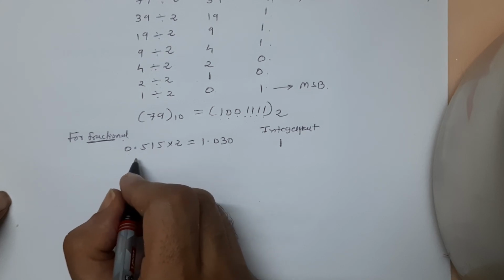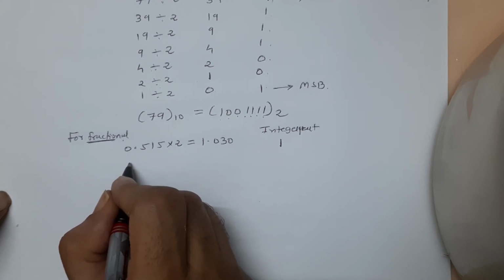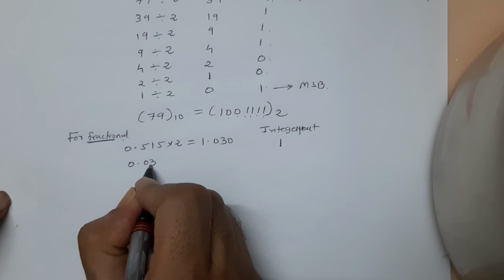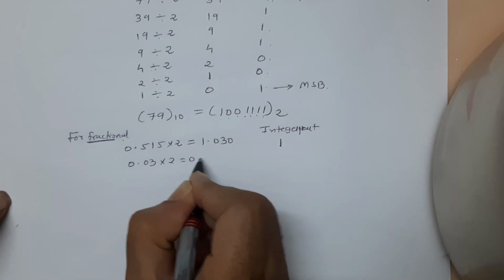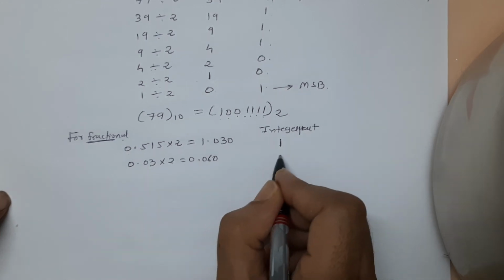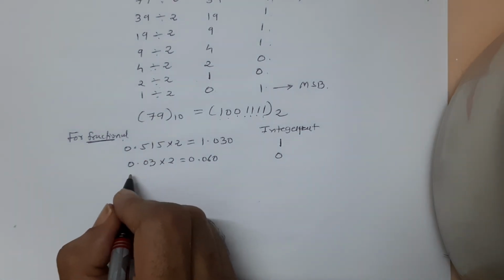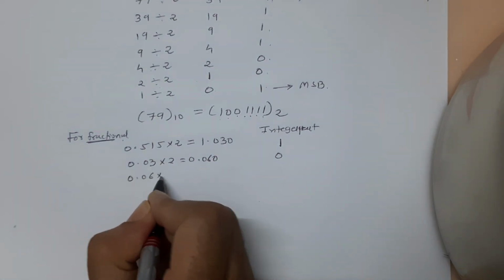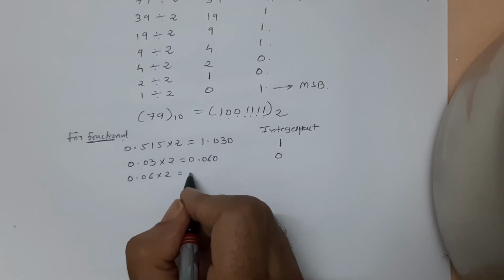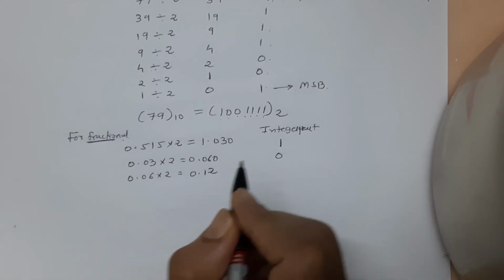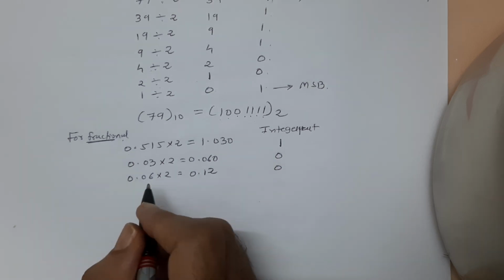This 0.03 into 2, 0.060, integer part 0. This 0.06 into 2 is equal to 0.12, integer part 0.